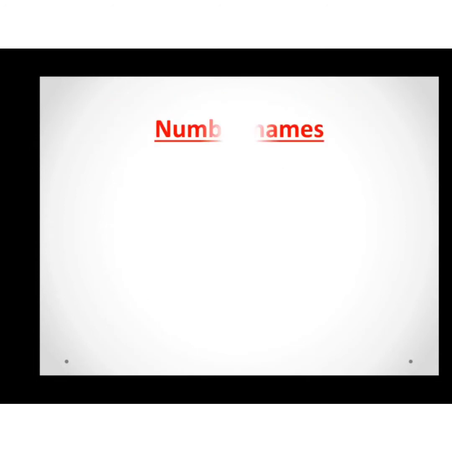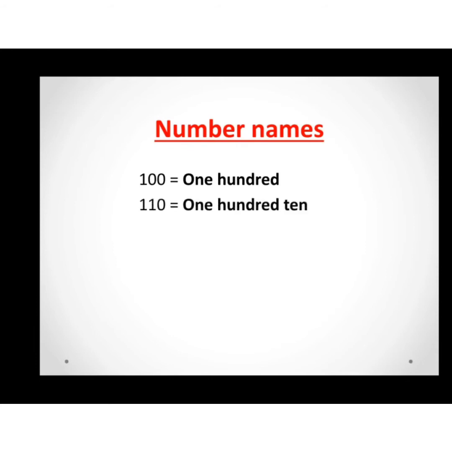Now let's revise how to write the number names from 101 to 200. I hope you remember the technique which I have explained to you. If you want to write the number name for 100, you are supposed to write the spelling of 1 and 100. So, ONE 1, HUNDRED 100, 100. Similarly for 110.